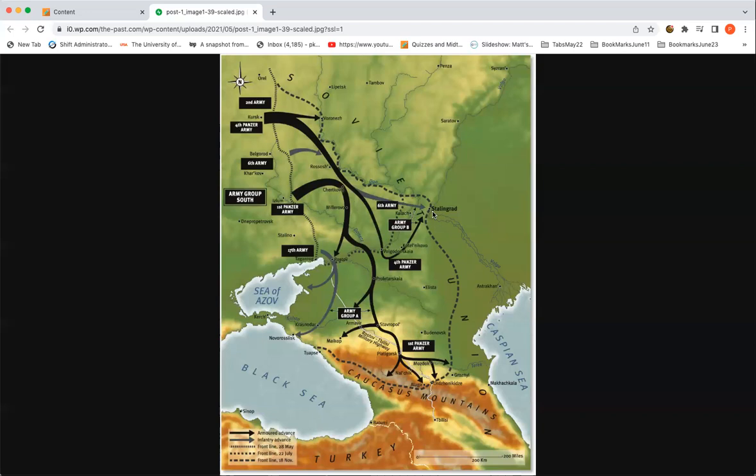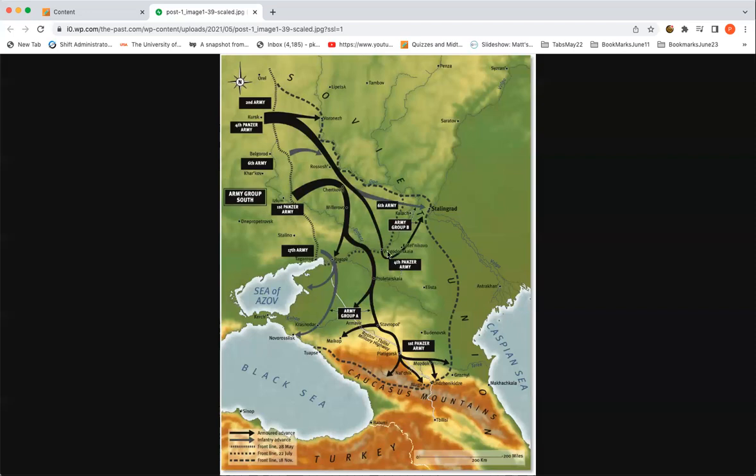As part of the attack on Stalingrad, the Fourth Panzer Army, and the Panzer Army was a tank group, Hitler decides that Stalingrad is going to fall easily, that the Soviets are too disorganized.